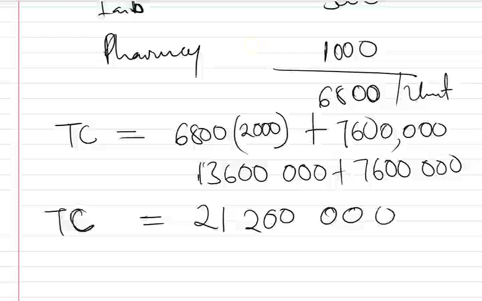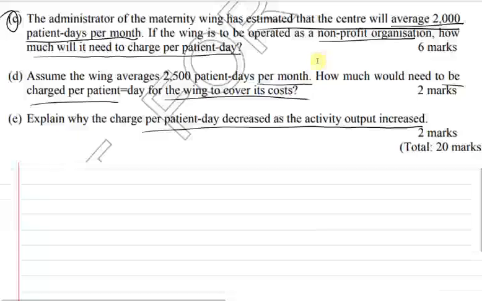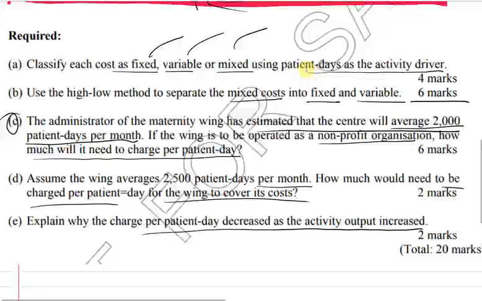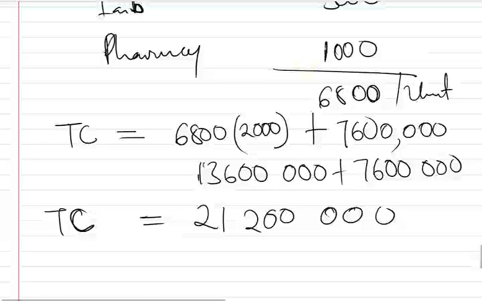So the question is not requiring us to find the total fixed cost, but they are requiring us, if the wing is to operate as a non-profit organization, how much will it need to charge per patient day? If they're operating as non-profit making, it means they just want to recover their cost. That means they won't make any profit.